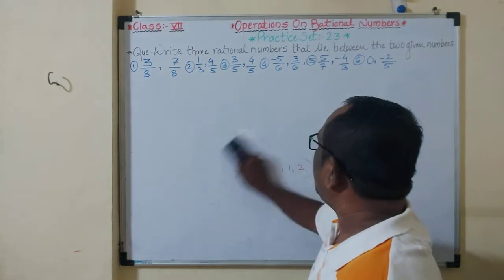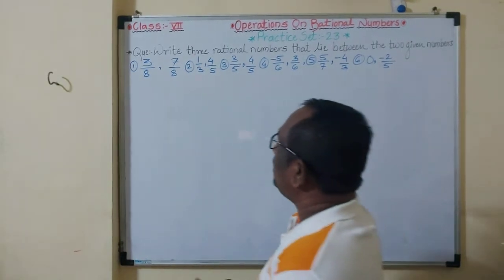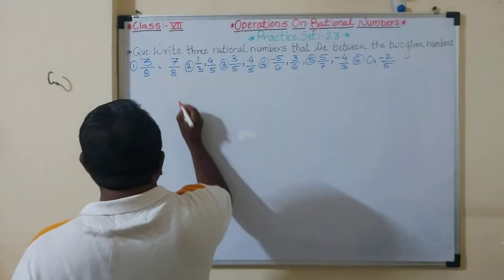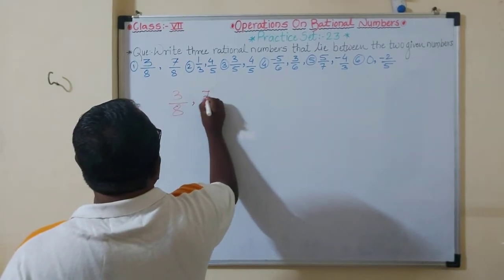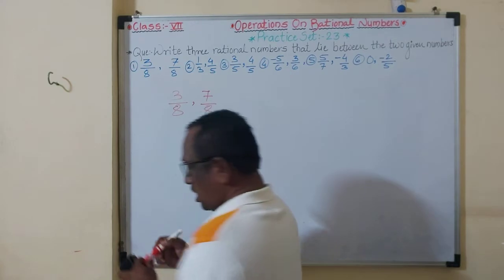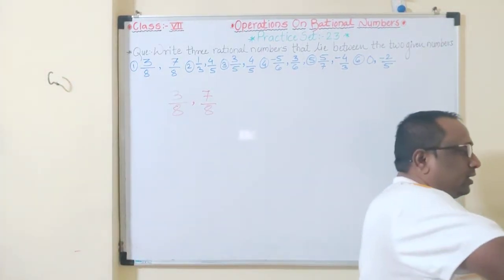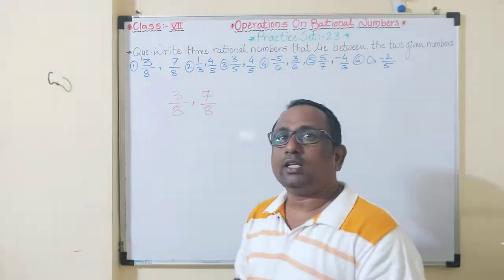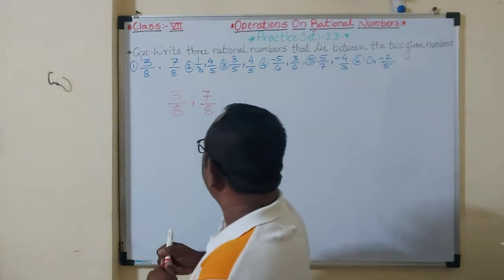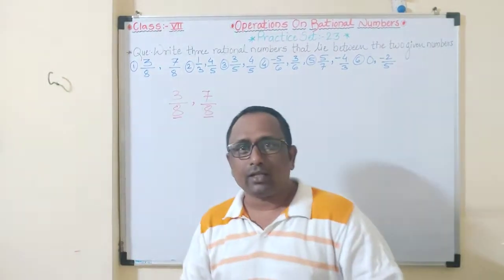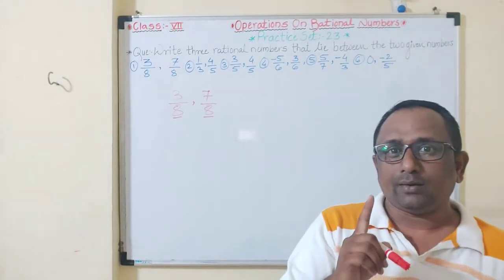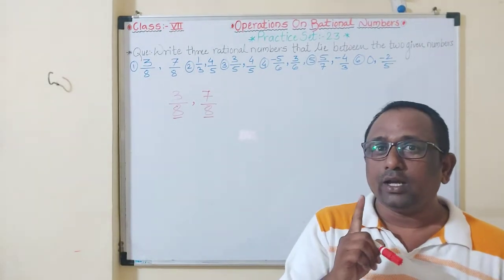First example is 3/8 and 7/8. Now students, if you observe, here the denominators are same. When we are comparing fractions, we always consider that denominators should be same.